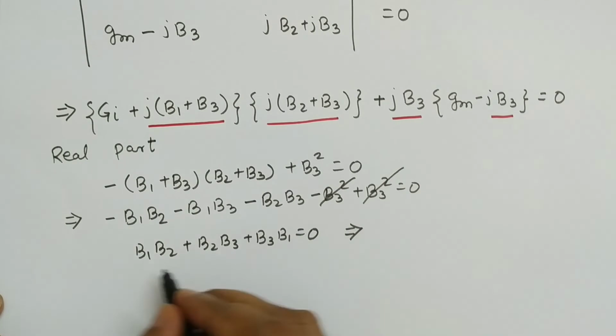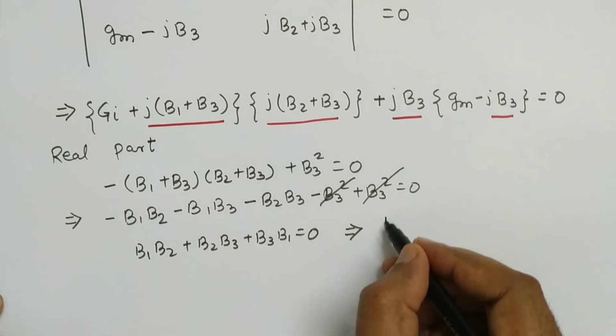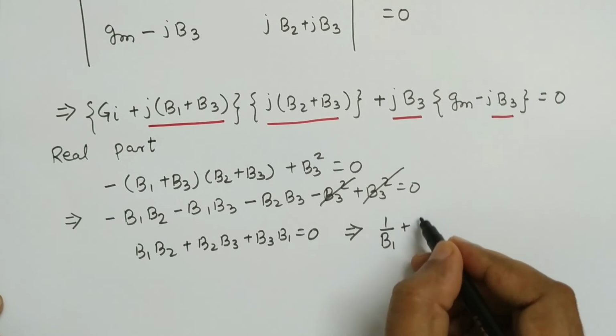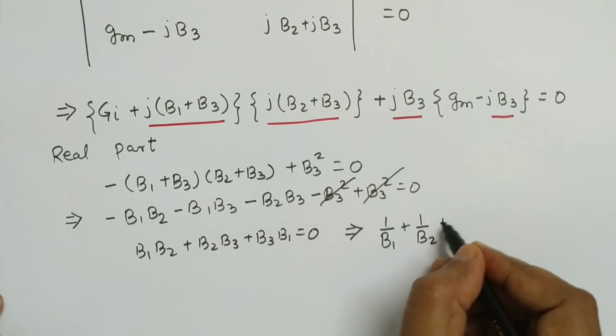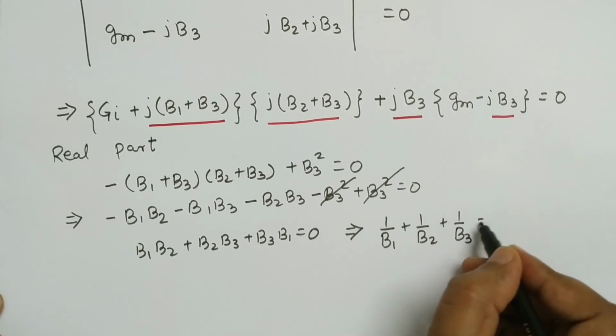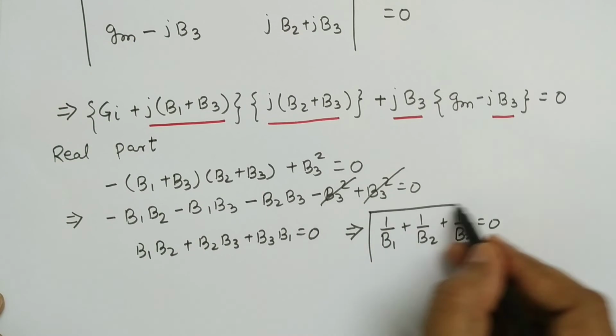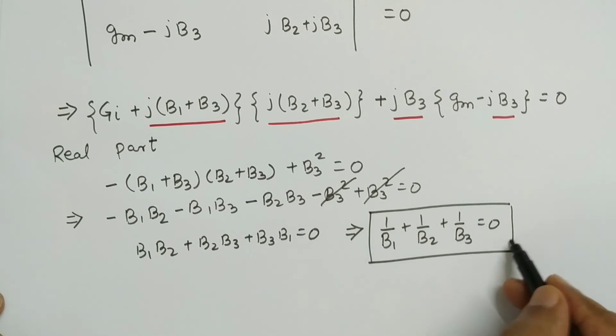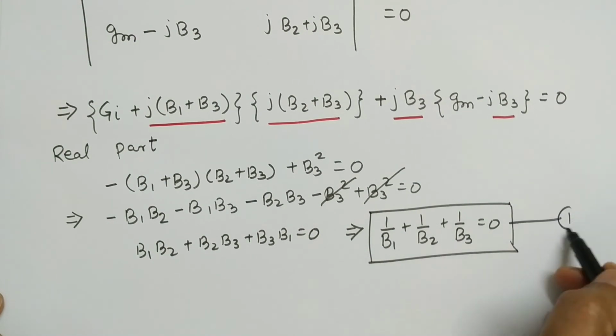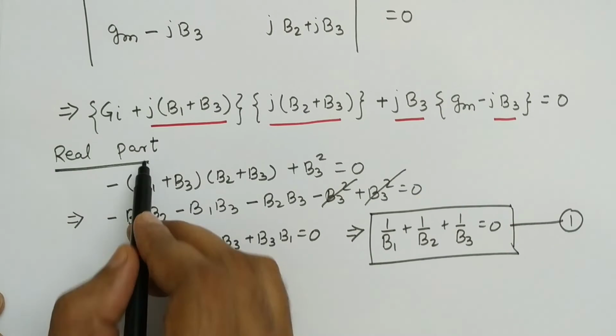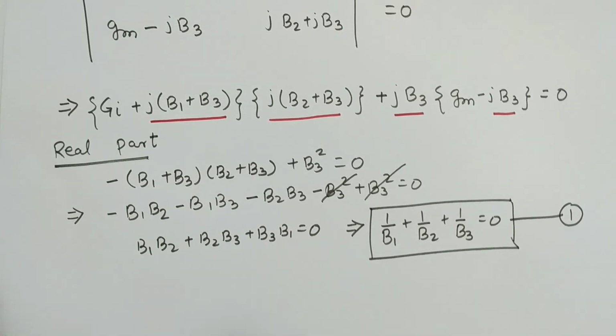And from here, by dividing b1 b2 b3 on both sides, we can get 1 by b1 plus 1 by b2 plus 1 by b3 equal to 0. So this is our first equation which we have got from the real part comparison with 0.